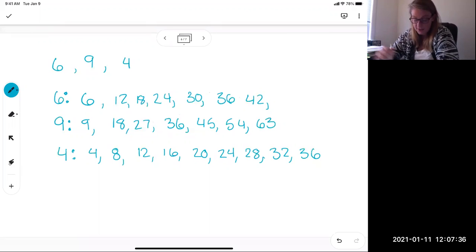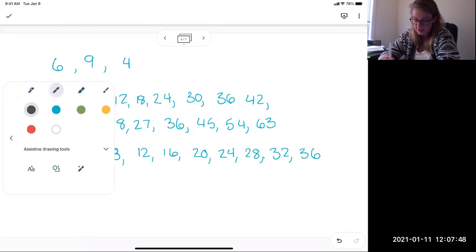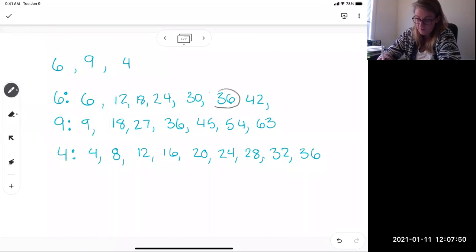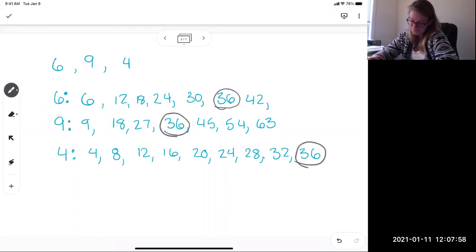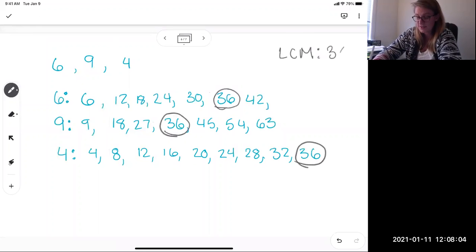When I was listing out 6, I thought about what also had a factor of 9 and 4. Eventually I found that the only multiple they have in common thus far is 36. So our least common multiple is 36.